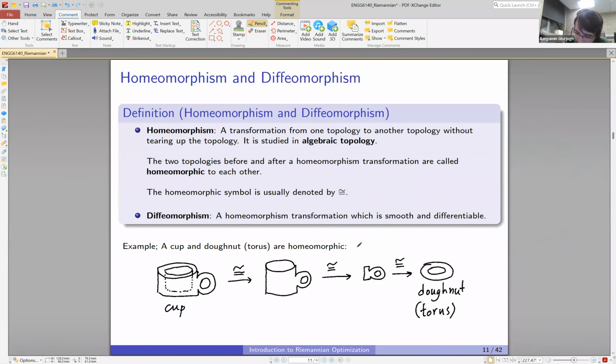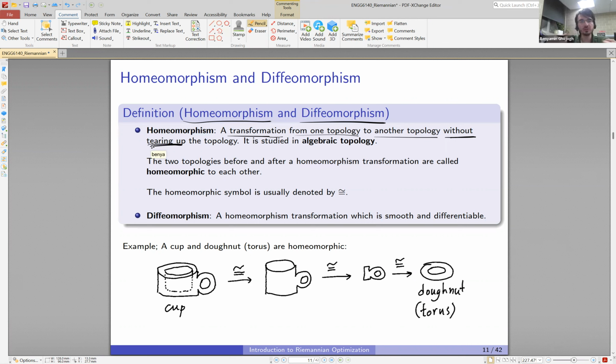Okay. Now, homeomorphism and diffeomorphism. Homeomorphism is a very important concept in algebraic topology. It is a transformation from one topology to another topology without tearing up the topology.